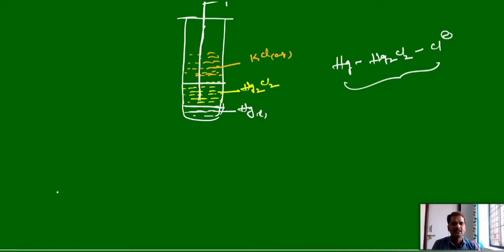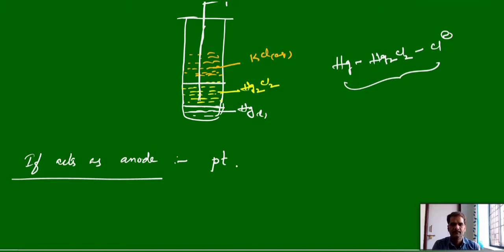Now, the functioning of this calomel electrode, if it acts as an anode: platinum electrode, dipped in the mercury, mercurous chloride, and Cl minus.